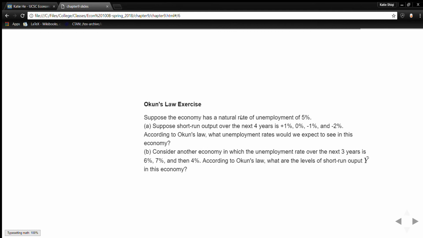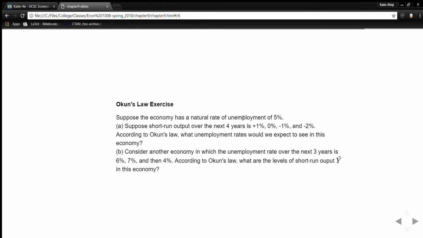Okay, and now we have an exercise on Okun's law. Suppose the economy has a natural rate of unemployment of 5%, and suppose the short-run output over the next 4 years is 1%, 0%, -1%, and -2%. According to Okun's law, what unemployment rate will we expect to see in this economy?